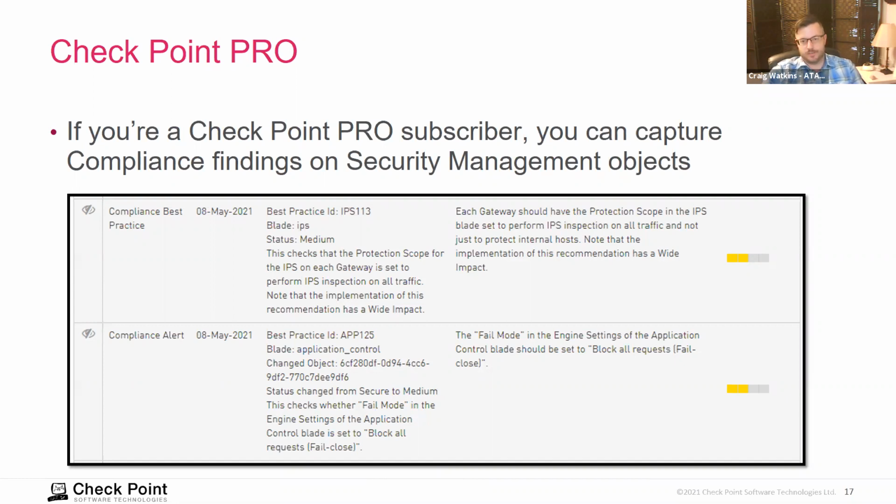Once again, if Checkpoint Pro is something you're interested in, contact your account team. That's a very good service if you've got several gateways out there and have a small security staff to where you just can't monitor those actively all the time.